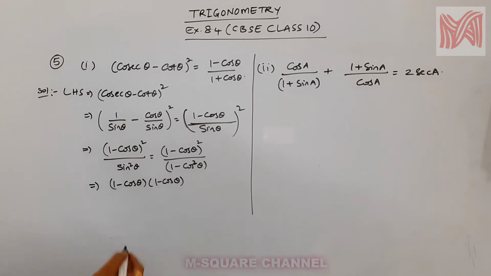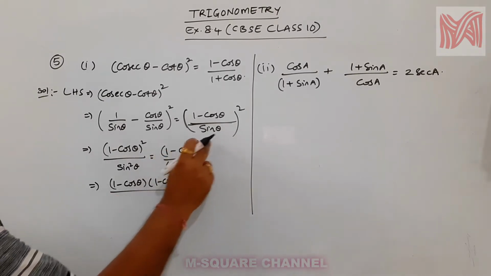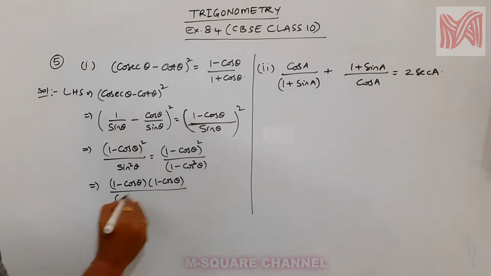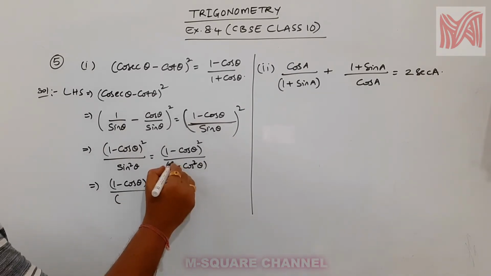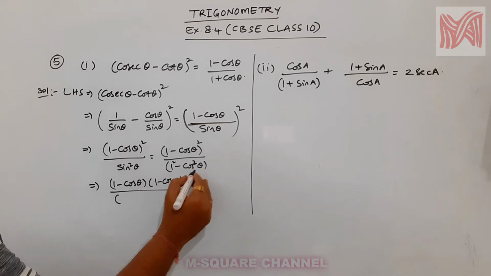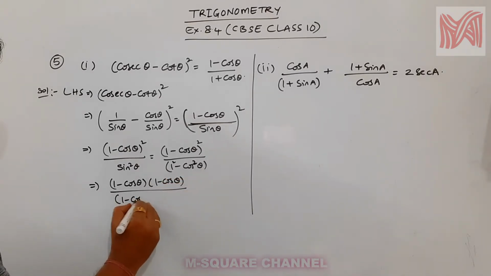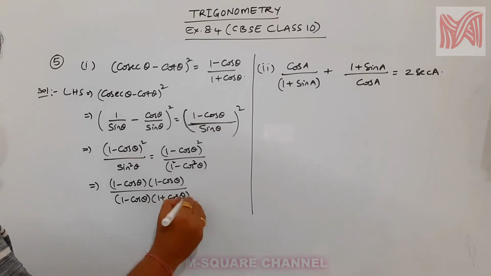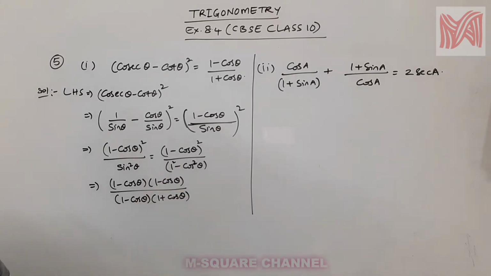A square means a into a. A minus b whole square means (a minus b) into (a minus b). A square minus b square is nothing but (a minus b) into (a plus b).